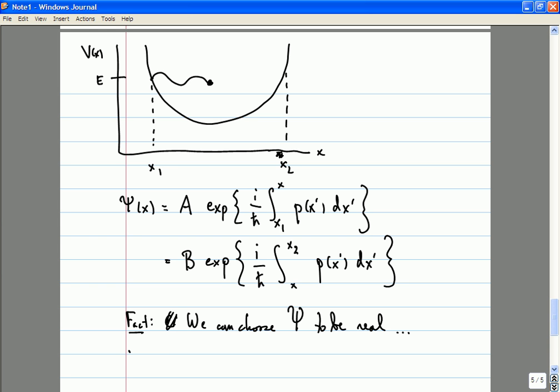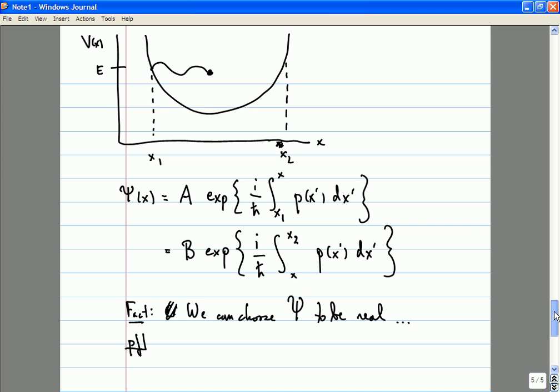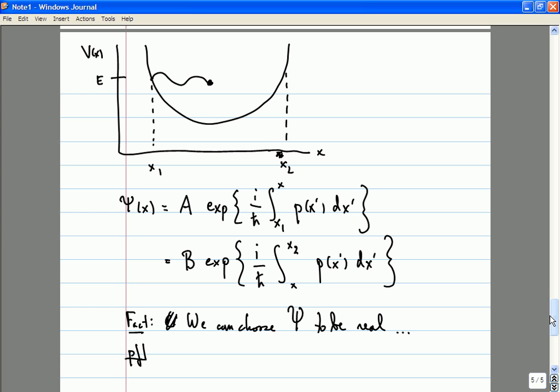So that might look a little funny at first, because the way that I've written it, it apparently has a phase, which is oscillating. In fact it turns out to be a general property of many quantum mechanical systems, that one can always choose the phase of the wave function so that psi, the solution of the time-independent Schrödinger equation, is always a real function of x.